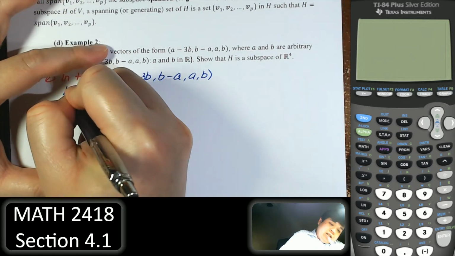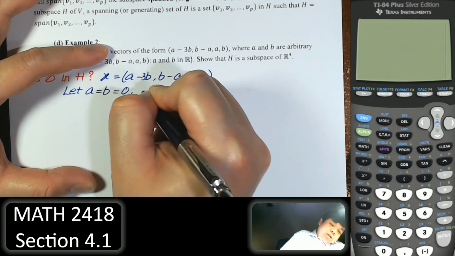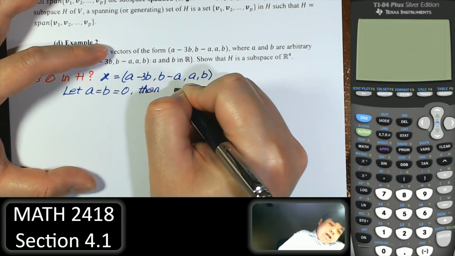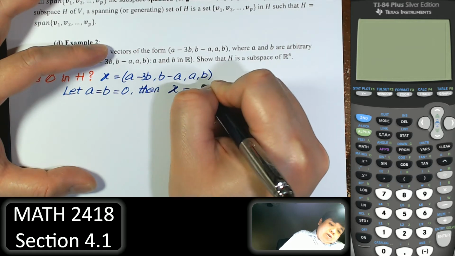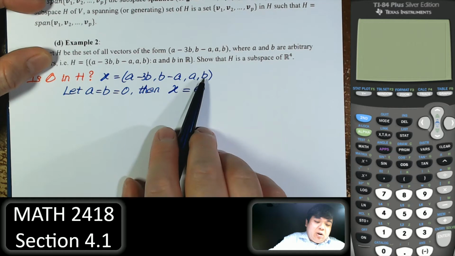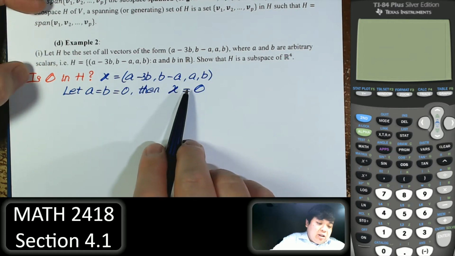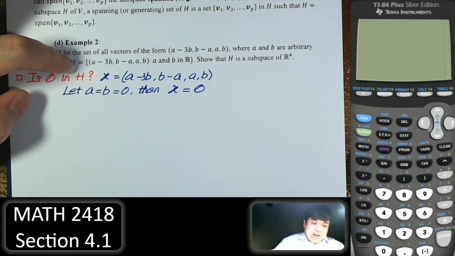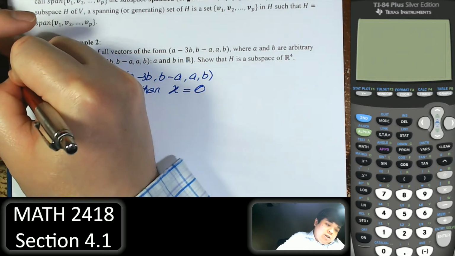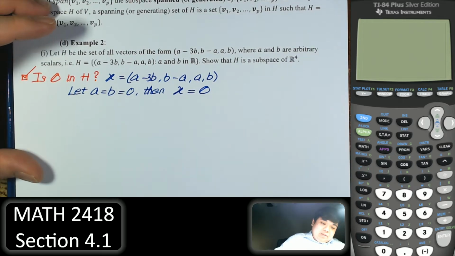So if we let a equal b equal 0, then x equals 0, a zero vector. If a and b are 0, all of those are 0. So the zero vector is in the set H. Check.